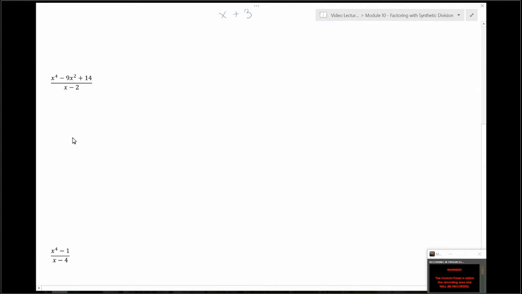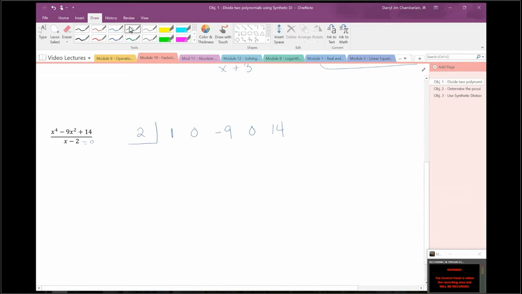So let's try again. So we want to divide by 2. Again, what makes this polynomial 0. On the top here, we want to write down the coefficients. And what you'll notice is I have some zeros here, and that's because this polynomial is missing some terms.